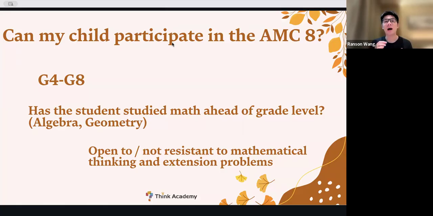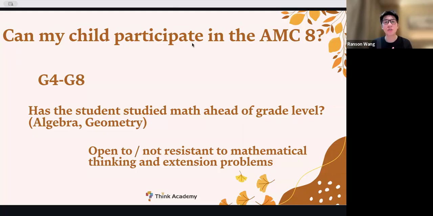I've also seen some students starting from grade 1 or even grade 2, but that's really rare. For most students, they'll start to take the MCA from grade 4 or grade 5. Before you try the MCA for the first time, it would be better for the students to have studied ahead of school.